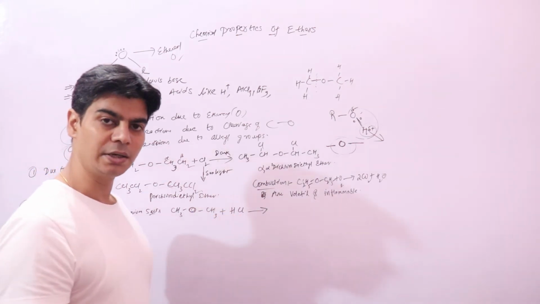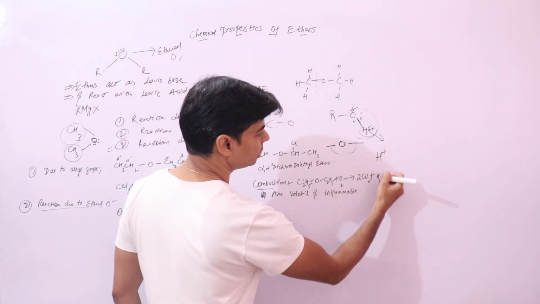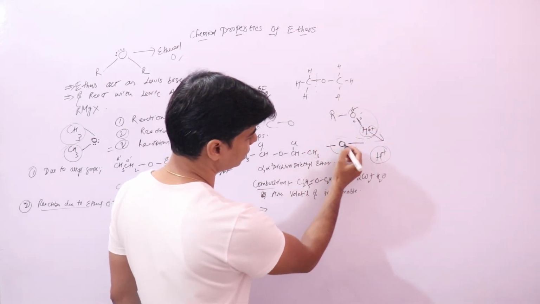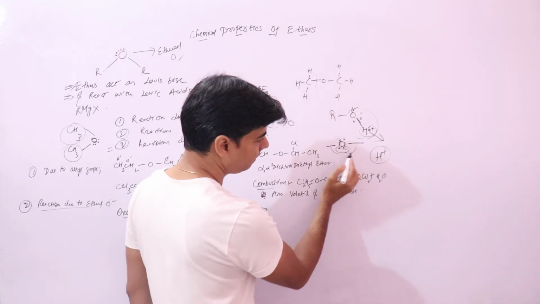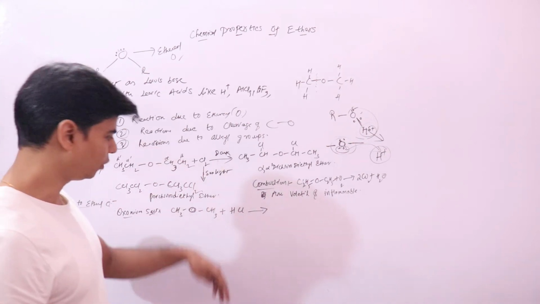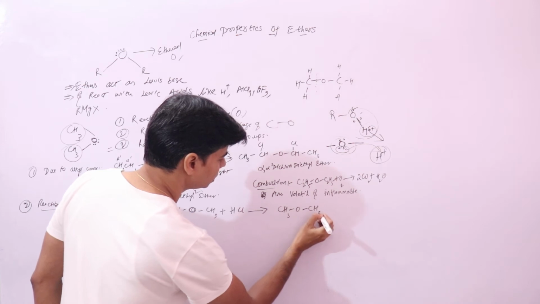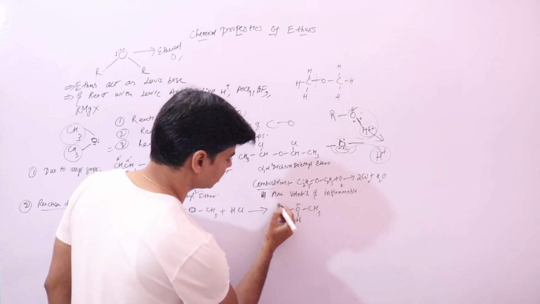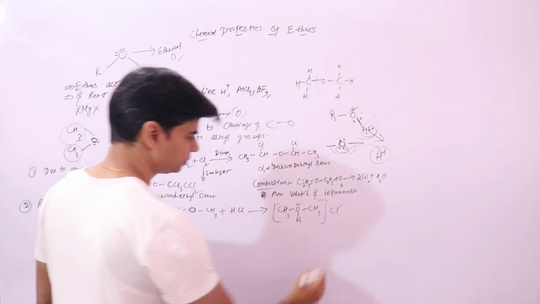We know hydrogen ions are deficient of electrons. Now this ethereal oxygen that has two lone pairs of electrons will react by donating its lone pair of electrons to this proton, forming a compound with it. CH3, O, CH3, hydrogen, like this, and Cl. This is your oxonium salt.